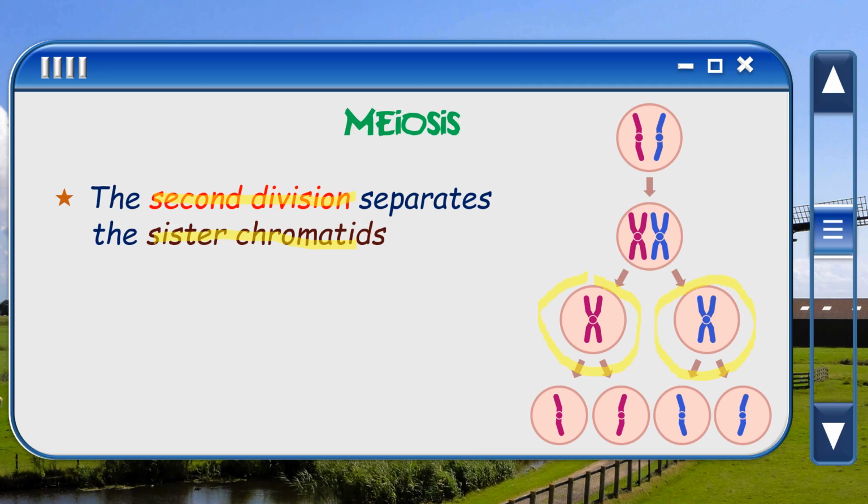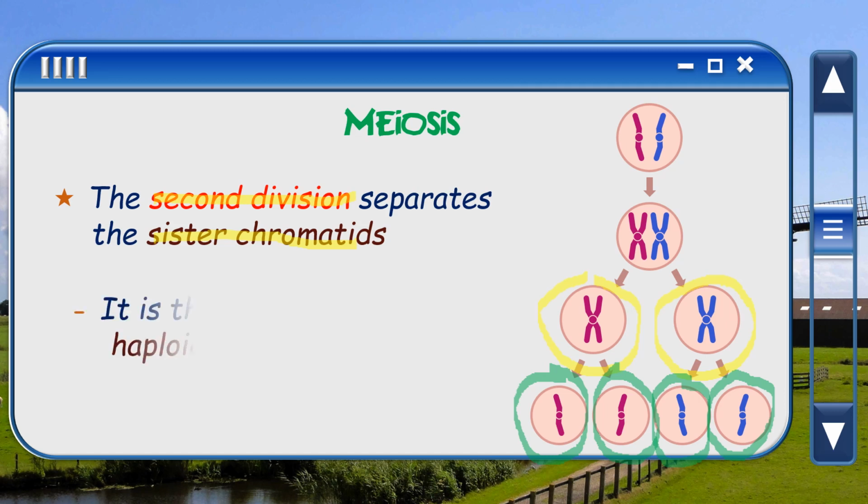There are 2 chromatids attached together, and we refer to them as sister chromatids. In the second division, these sister chromatids are going to separate themselves, and each chromatid will go in its own cell. That is during the second division.